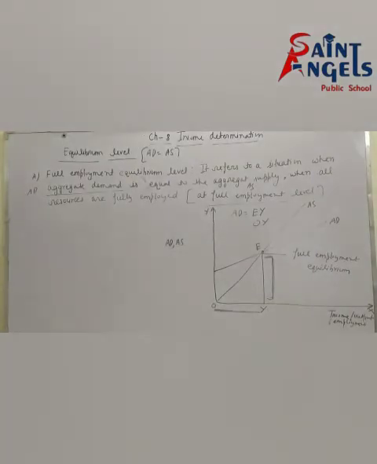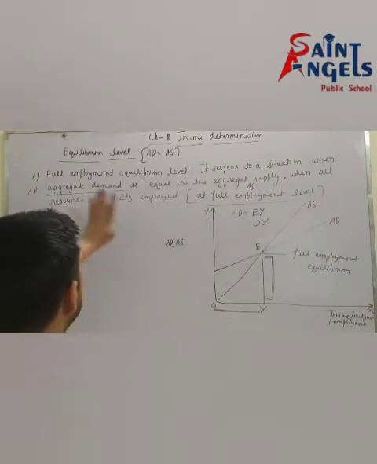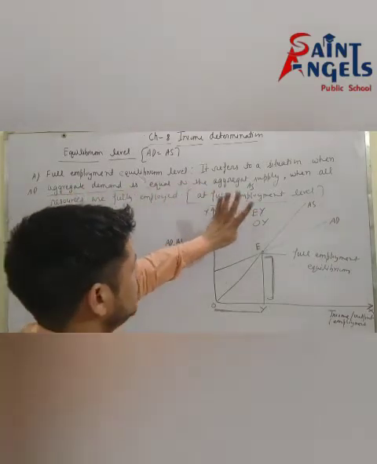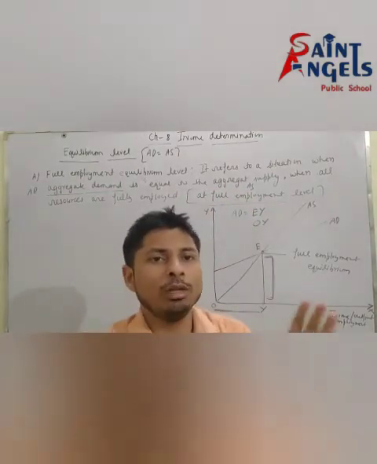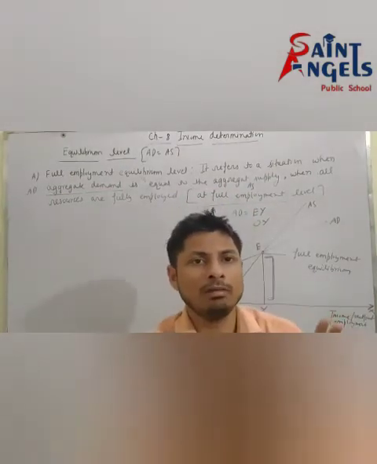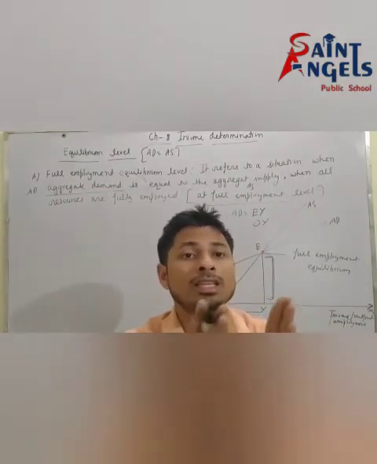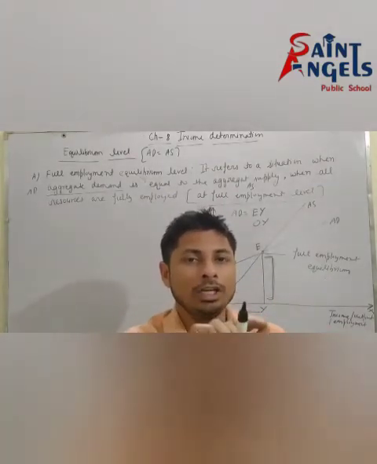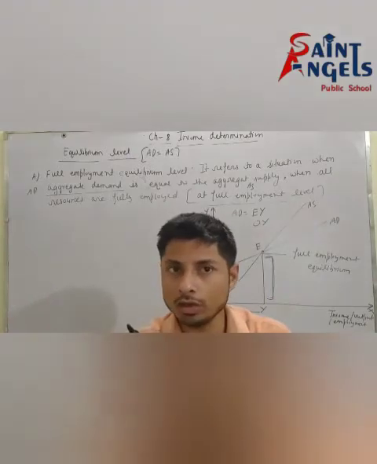First of all, please try to understand the definition of full employment equilibrium level. It refers to a situation when aggregate demand is equal to aggregate supply. All of you know that equilibrium level means AD is equal to AS.